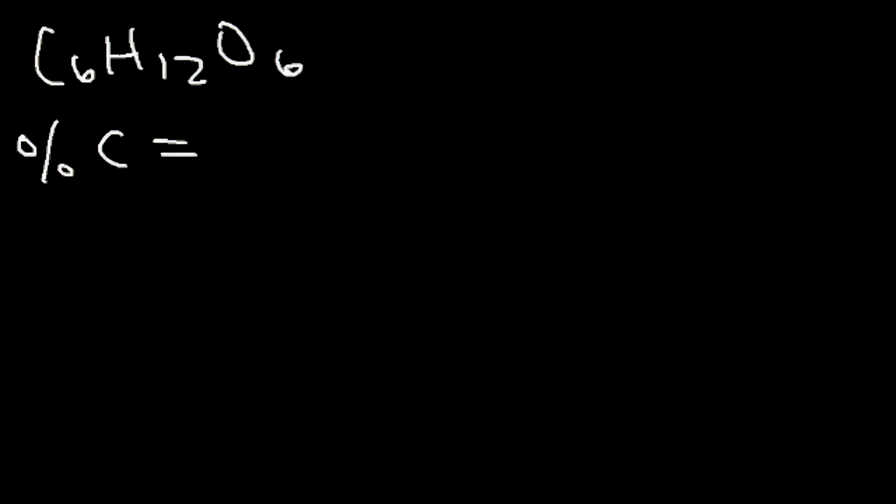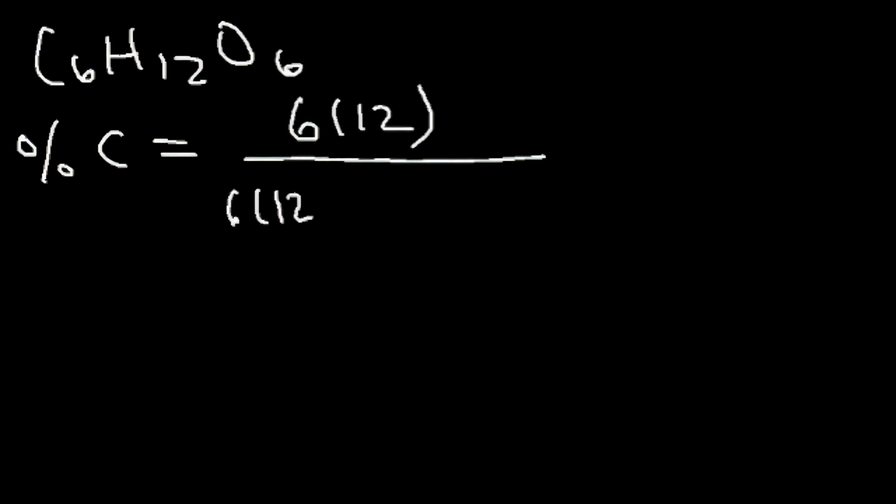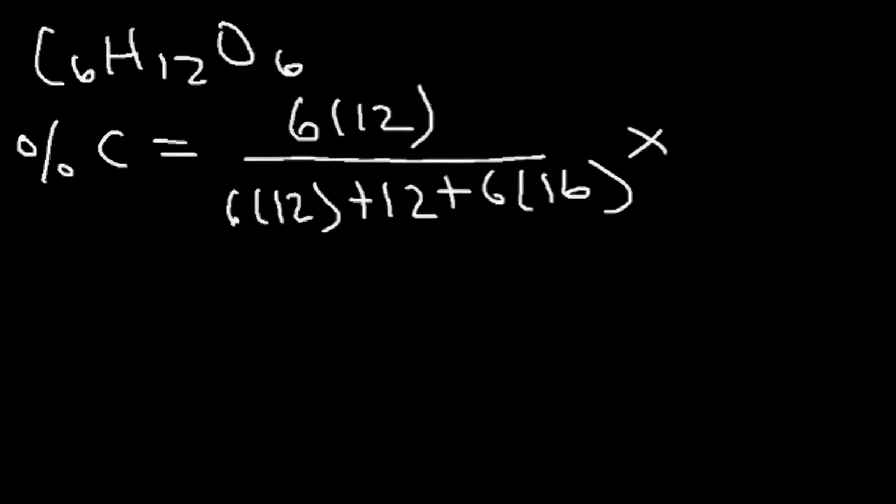For the sake of practice, let's try another example. Let's use glucose. Find the mass percent of carbon in this compound. So for the mass of carbon, there's 6 carbon atoms, so 6 times 12. That's the total molar mass of all the carbon atoms in glucose. Now, the total molar mass for all of the atoms in glucose is 6 times 12 plus 12 plus 6 times 16, times 100%.